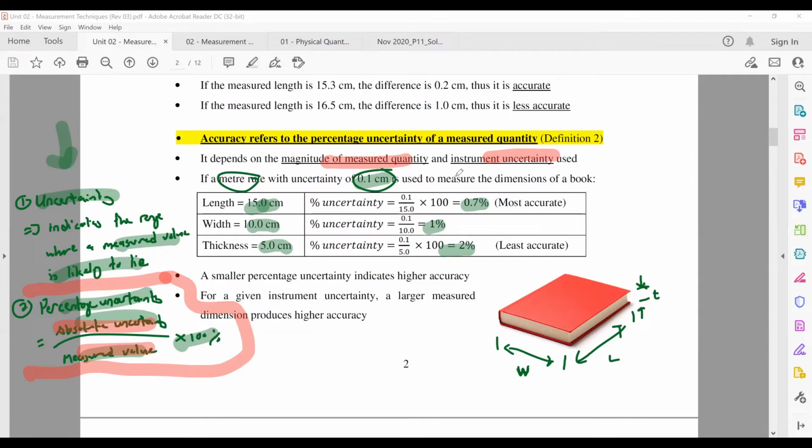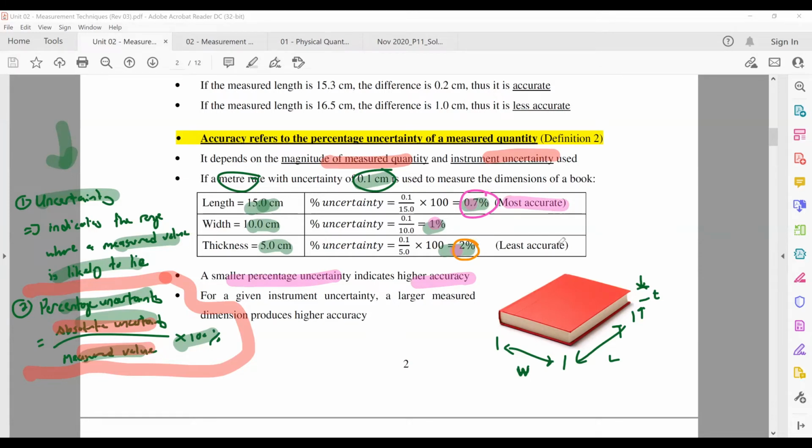Now, what we will tell you is this. The smaller your percentage uncertainty, the higher your accuracy. So of all these three values that you see here, this one is actually the smallest percentage uncertainty. Therefore, it's the most accurate. Whereas 2% is the largest percentage uncertainty.